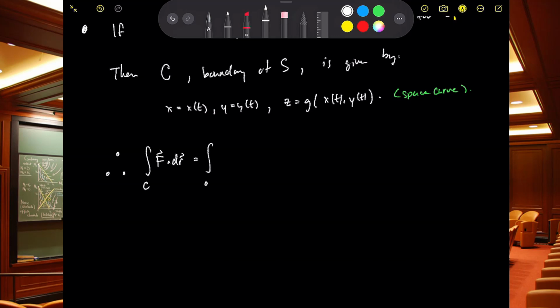is equal to the integral from a to b of p dx dt plus q dy dt plus r dz dt all dt.